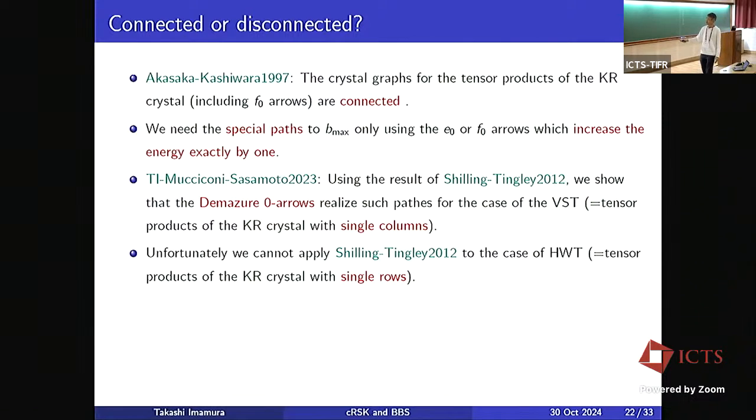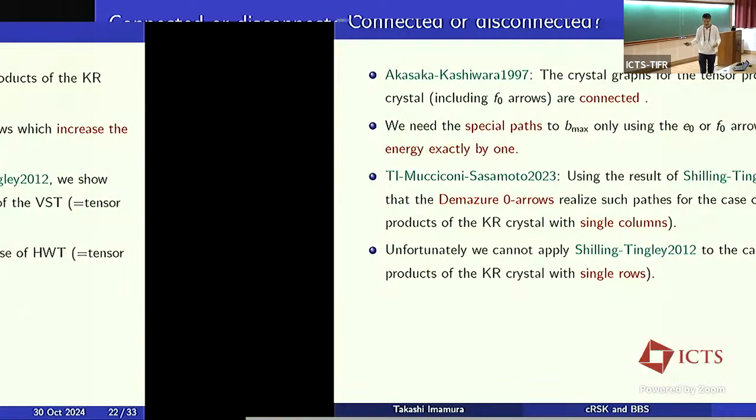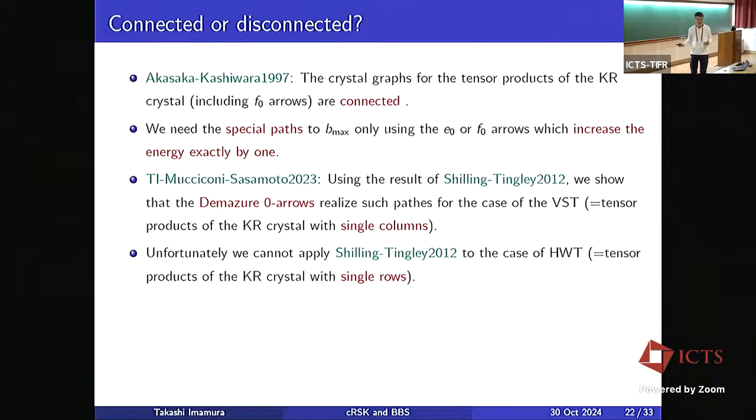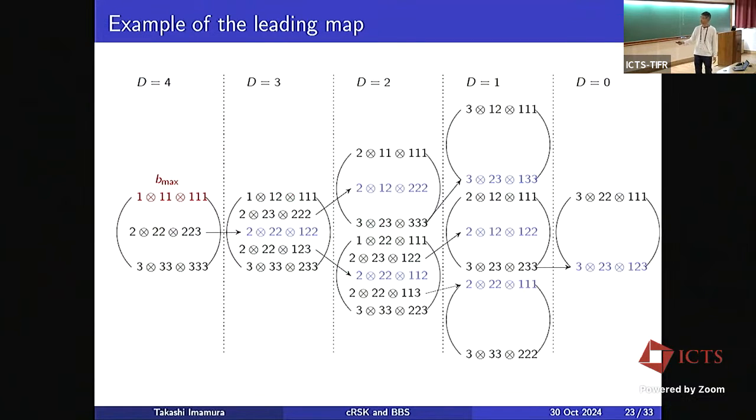But in our case, the tensor product of single rows, we cannot apply the result of Schilling-Tingley. So we decided to make a handmade theorem by using only combinatorial rules such as the signature rule and the Nakayashiki-Yamada rule.